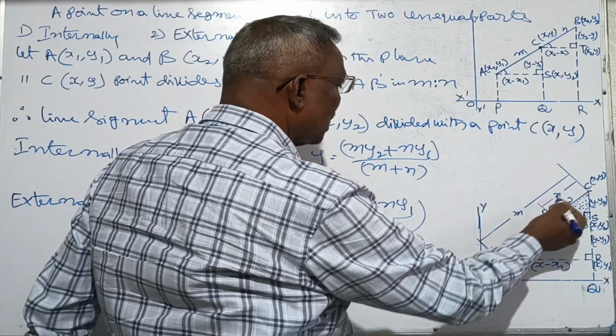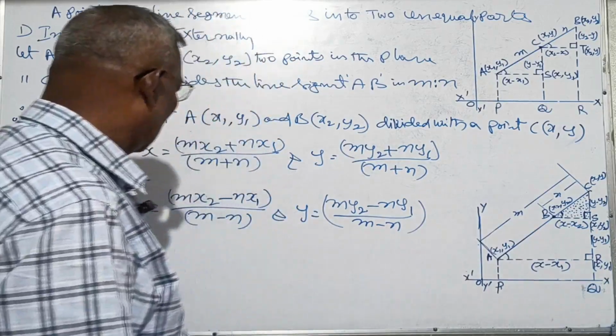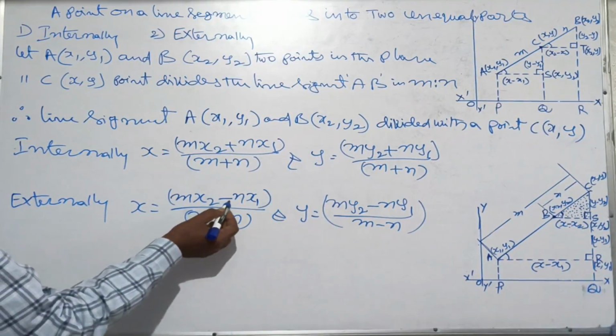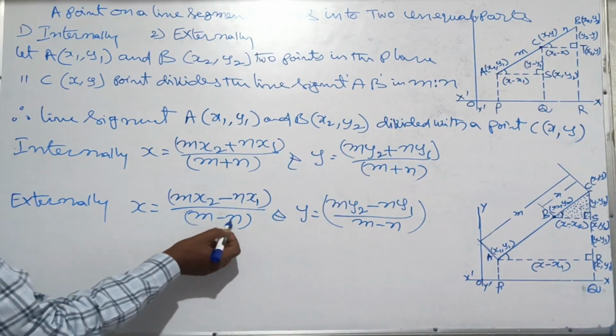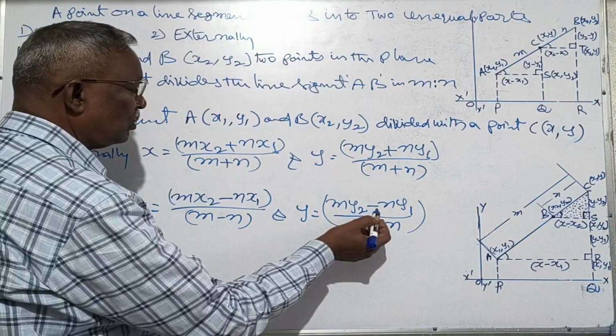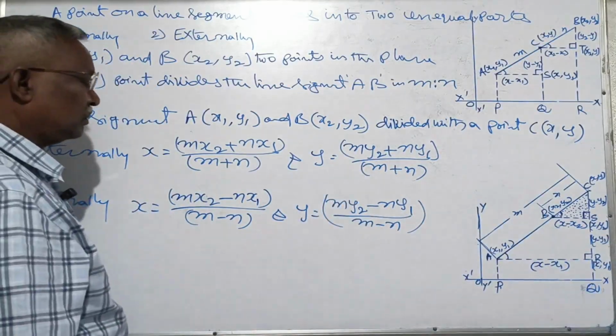Then the ordinates are x is equal to mx2 minus nx1 by m minus n and y is equal to my2 minus ny1 by m minus n.